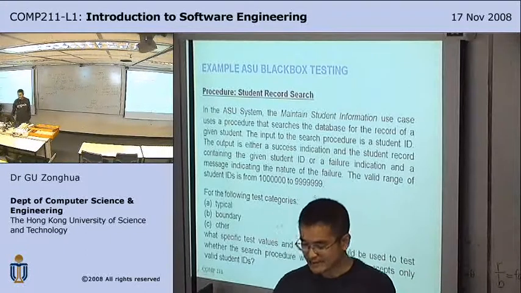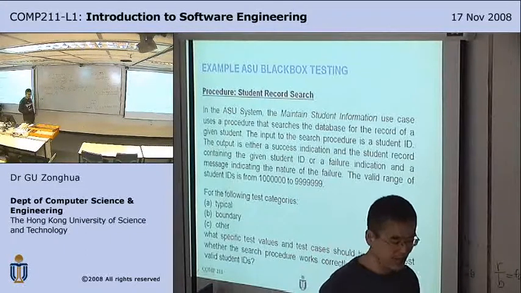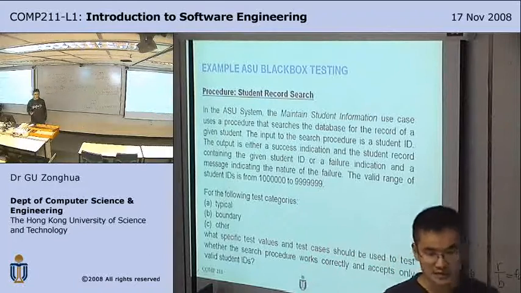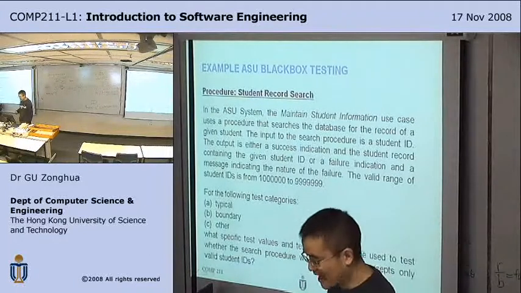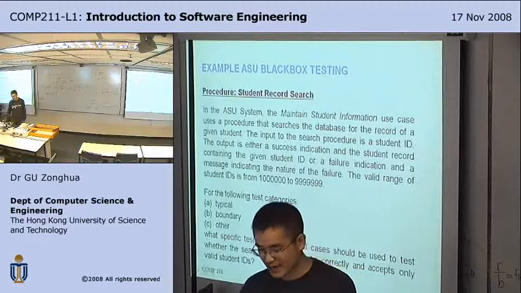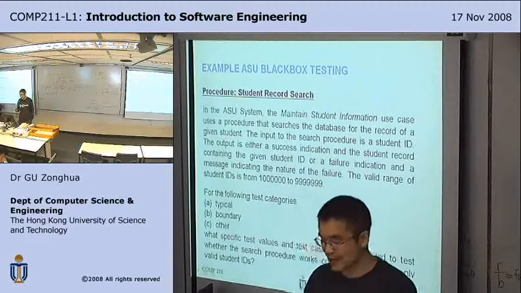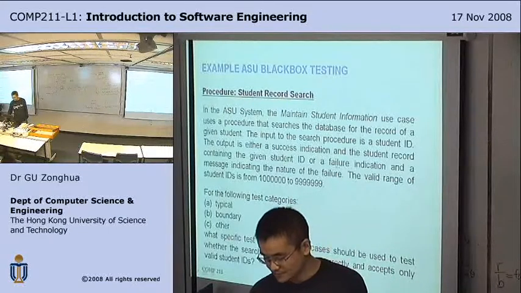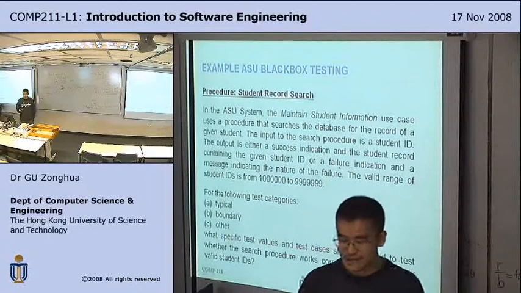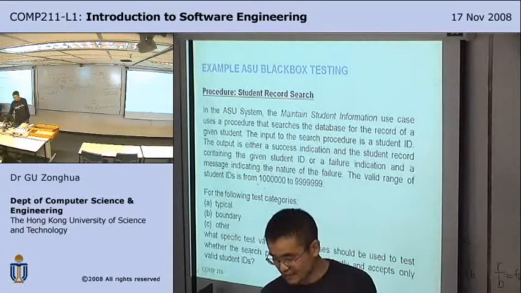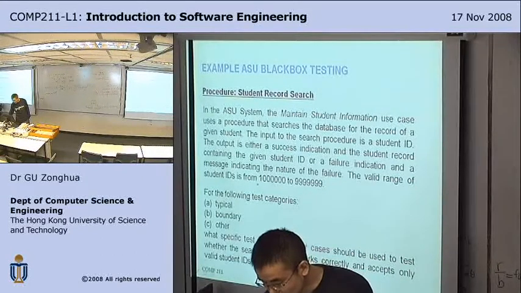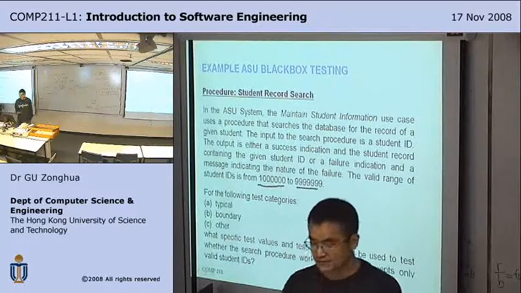That is, the nature of the failure could be the ID is in the valid range, but it's not found. There's no student with the ID. Or the input ID is simply out of range. So the valid range is from 1 million to 1 less than 10 million.